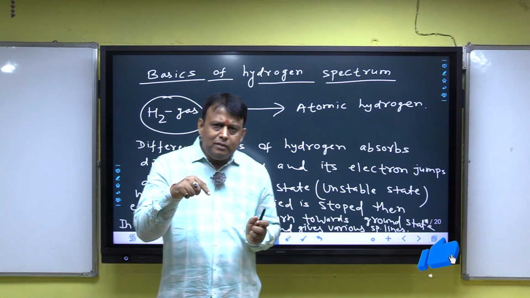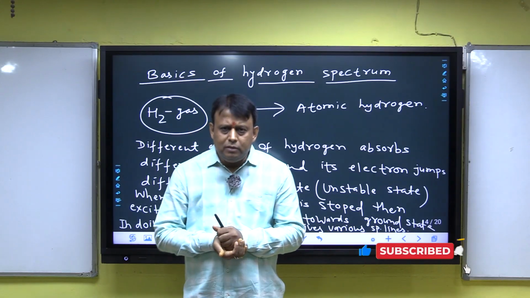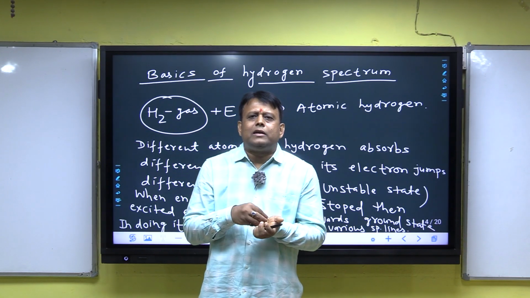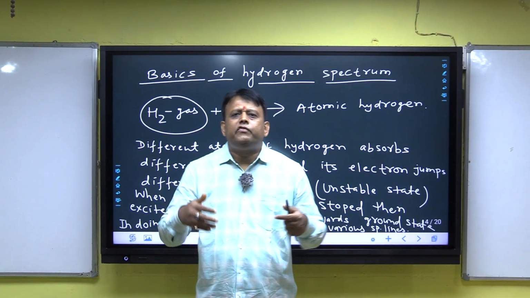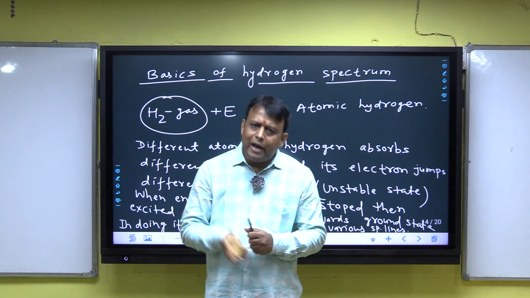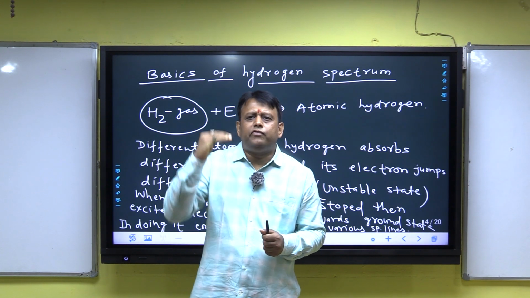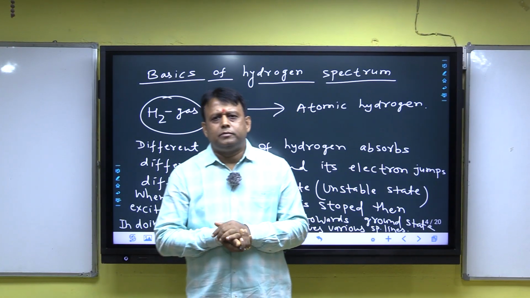And when energy is supplied to atomic hydrogen, then different atoms of hydrogen absorb different energy, and electron jumps from lower orbit to higher orbit.